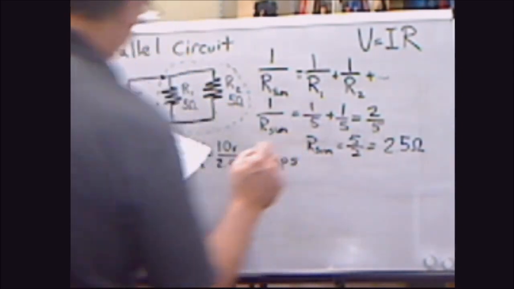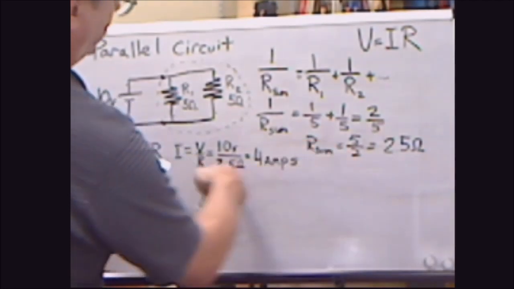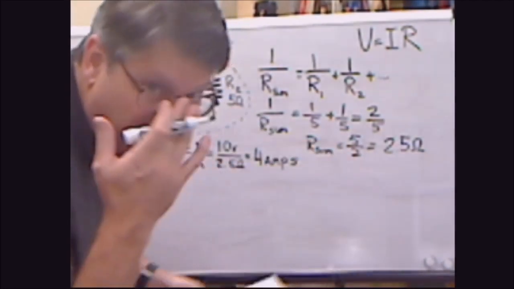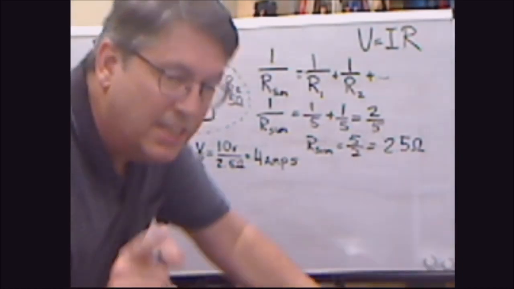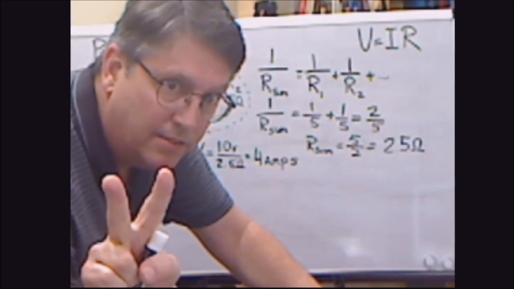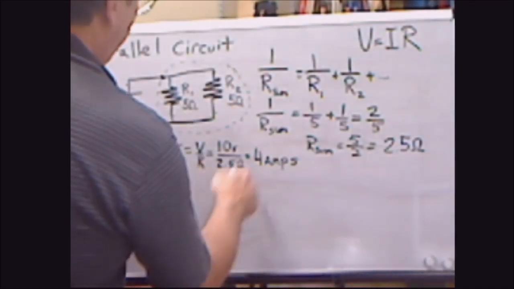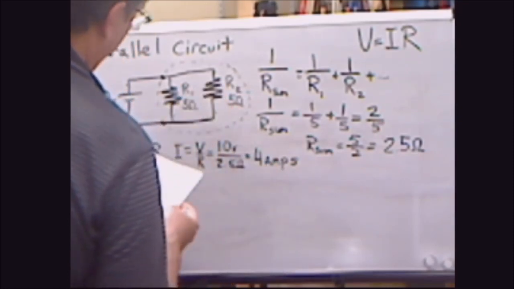Okay, sorry about that. Oh, I see what I did. I left it as a fraction on my notes, which you can do if you want. You can leave it as a fraction, or you can change it to decimal. If you do a decimal, make sure you use at least 2 decimal places, okay? All right, so that's the amperage that's coming through there.